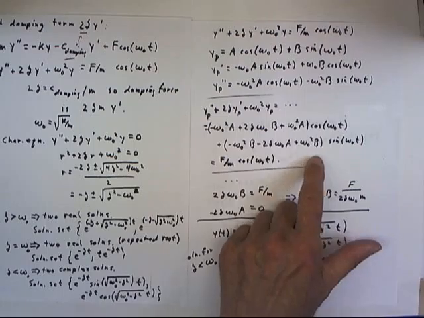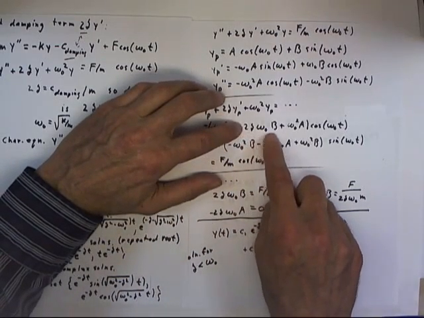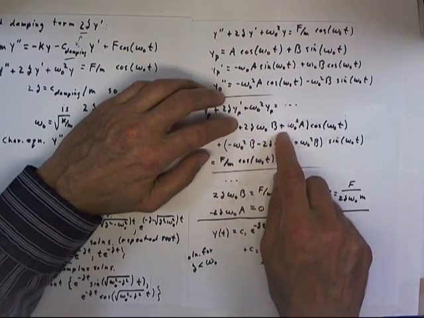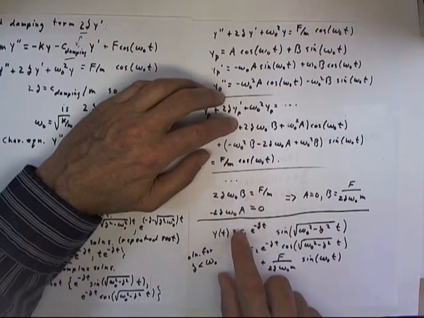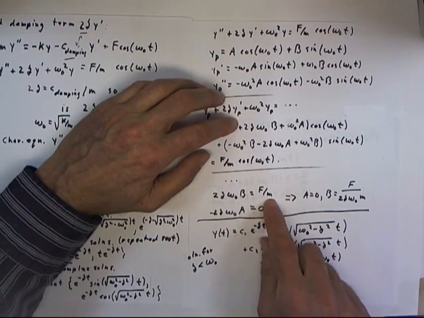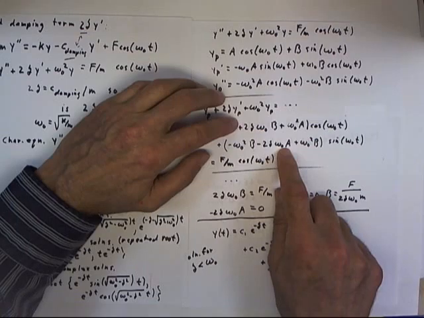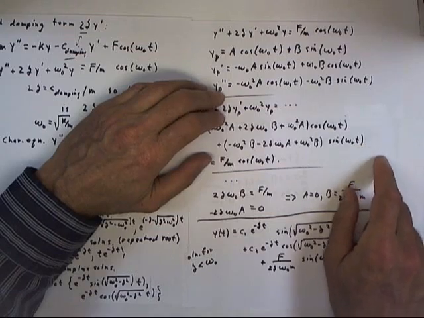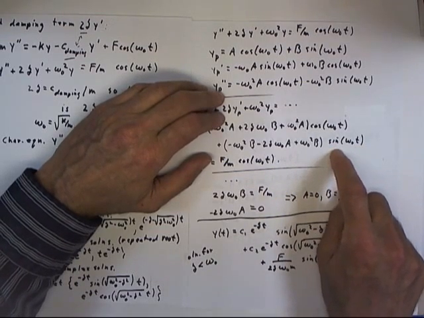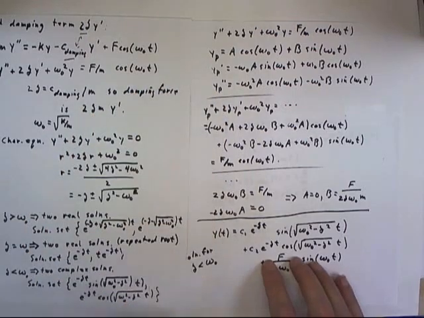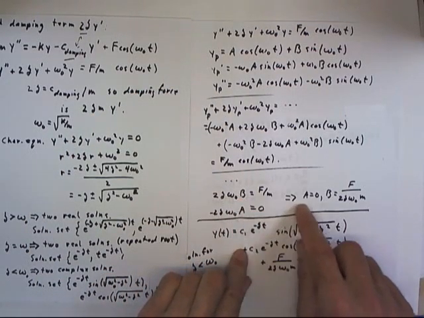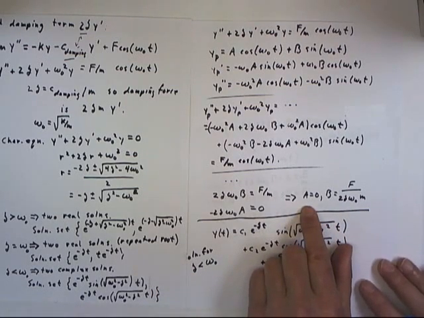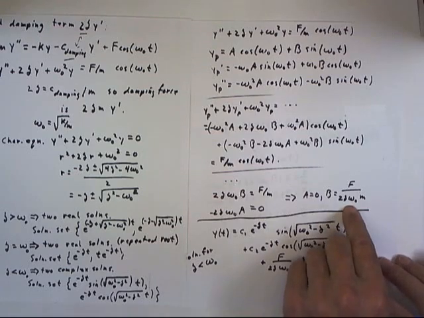But since they do, we're just left with 2 delta omega naught B times the cosine of omega naught t, so that the 2 delta omega naught B has to equal f over m. So we get this equation, and this term, being the only term left in this coefficient, has to equal 0 since it's the coefficient of the sine function, and there's no sine function on the right hand side. So we get these two equations that are very easily solved for A and B. A is going to have to be 0, and B is going to be f over 2 delta omega naught m.